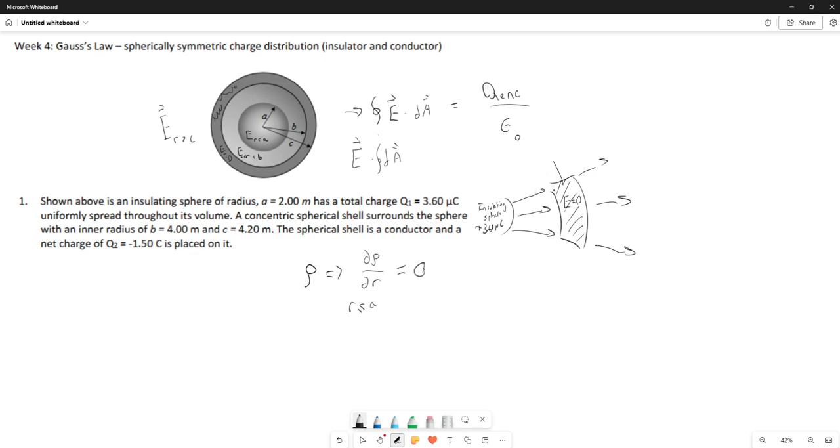One way to think of it, it's not exactly true, but it's a good way to think, is to cancel out the net flux of the electric field caused from the insulating sphere. The charges inside the conductor will distribute themselves in order to cause an electric field in the opposite direction, the same magnitude as the electric field external to it caused from the sphere that goes through the shell.